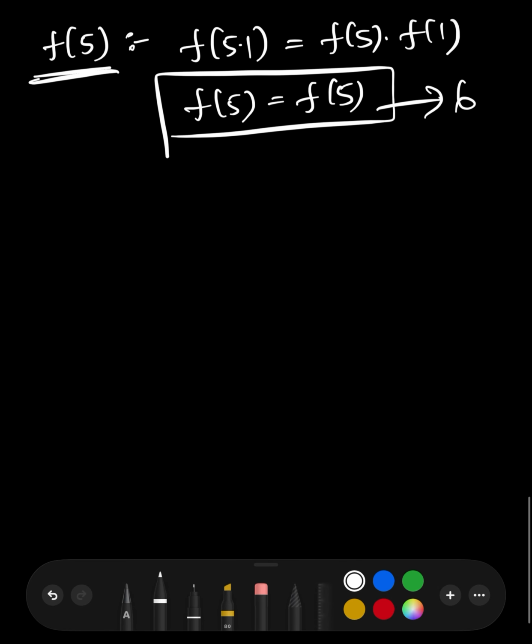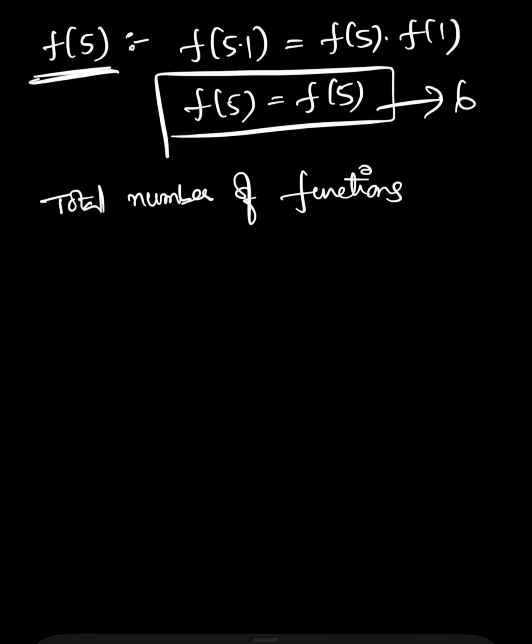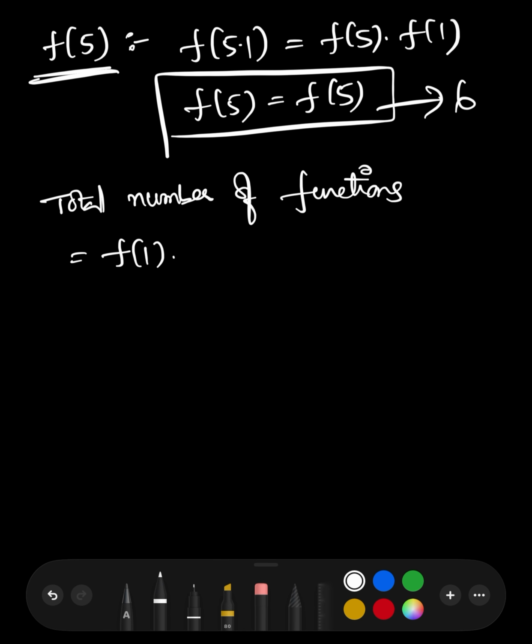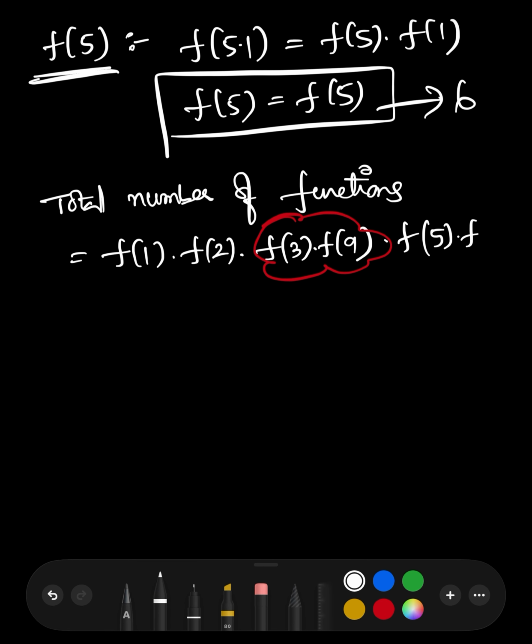Now the total number of functions equals f of 1 into f of 2, into f of 3 and f of 9 together, into f of 5, f of 8.